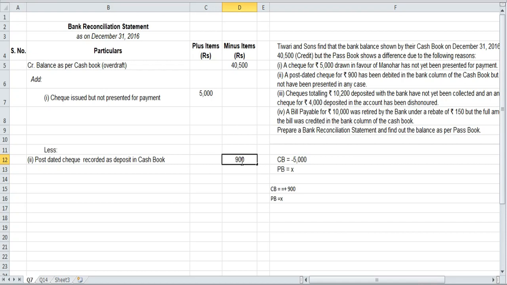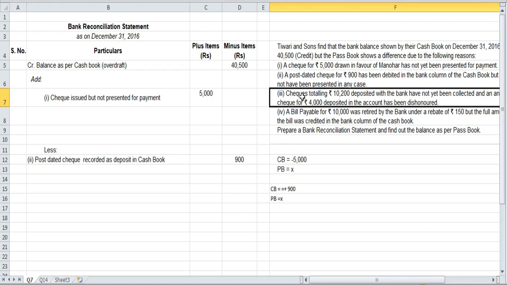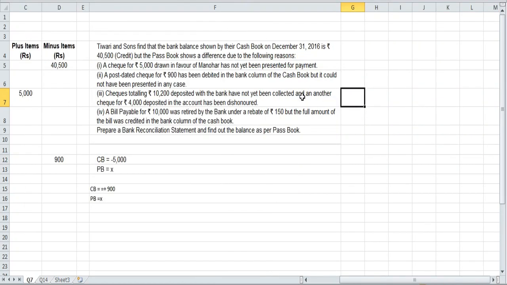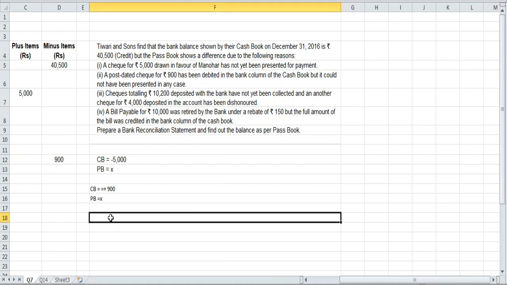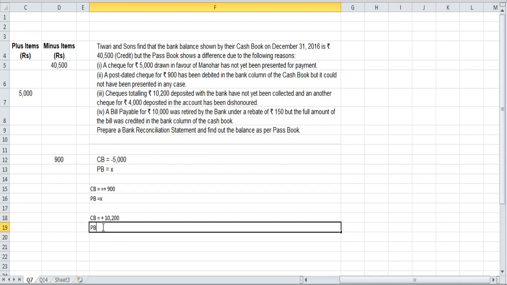Okay, next number 3, checks totaling 10,200 deposited with bank have not been collected, and another check for 4,000 deposited in account has been dishonored. So we'll do the first one, checks deposited. In your cash book, checks deposited for 10,200, but in your passbook it is not deposited. So your cash book is up, passbook is less.